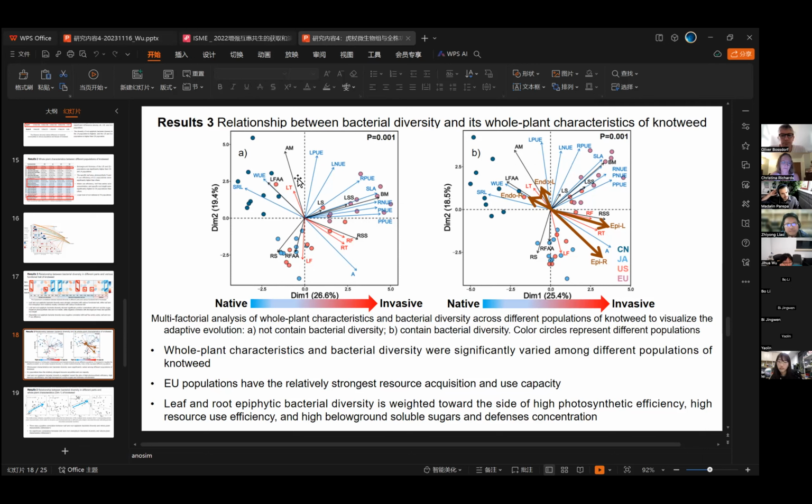I think it is interesting to know about the Japan and China populations and how they are different. But I also still like having or being able to discuss native versus invasive.